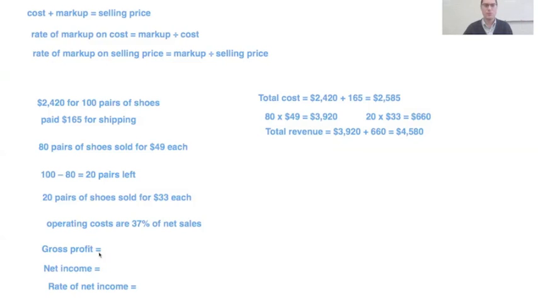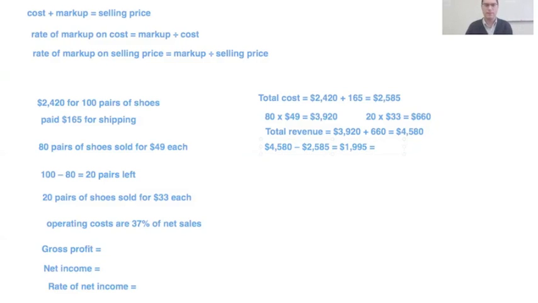To find the gross profit, we subtract the total cost from the total revenue. So we go 4,580 minus 2,585. I'm just going to use the calculator here, 4,580 minus 2,585, and we get $1,995.